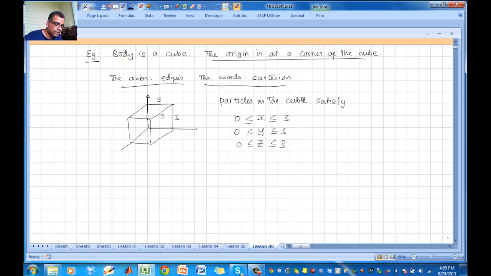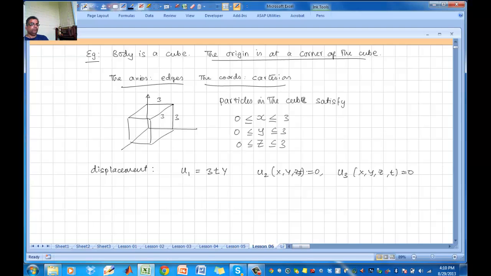Next step, let us say my displacement is given by u1 equal to 3ty, u2 of x, y, z, t equal to 0, u3 of x, y, z, t equal to 0. So what does this mean?